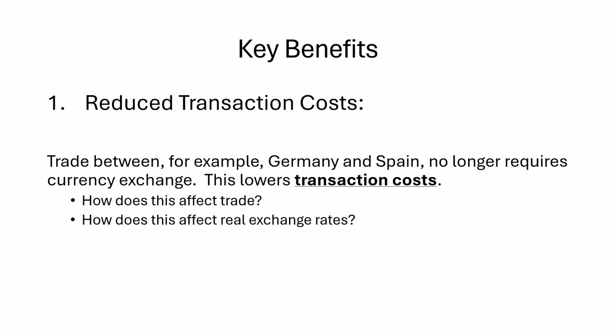An obvious benefit of the euro is that it reduces the cost of transactions. For example, if I live in Germany and I'm going to go on a trip over to France, I don't have to worry about currency exchange. I don't have to worry about thinking what prices are going to look like in that new country, or I don't have to worry about the added little cost that comes from exchanging money because there's always fees that come with exchanging money.